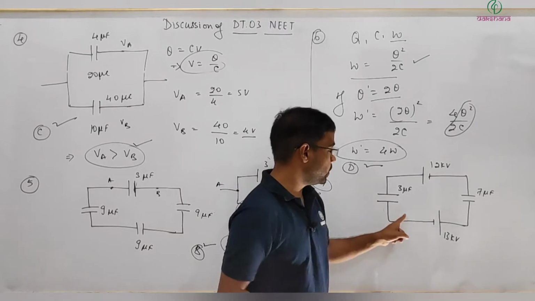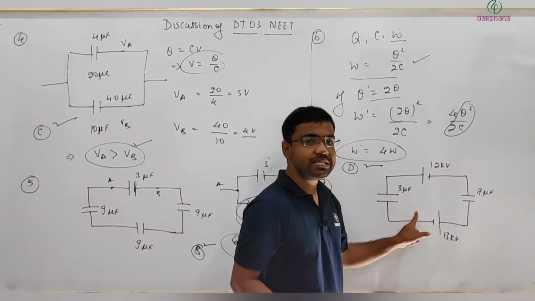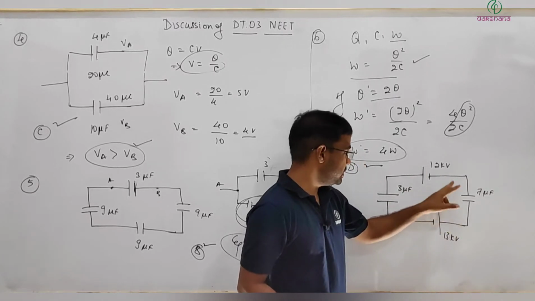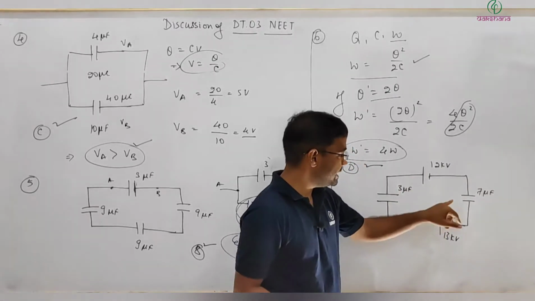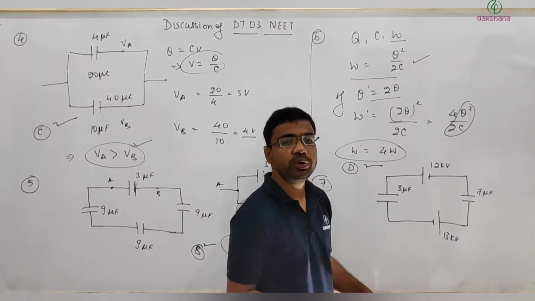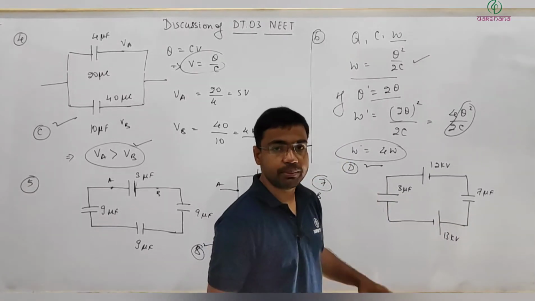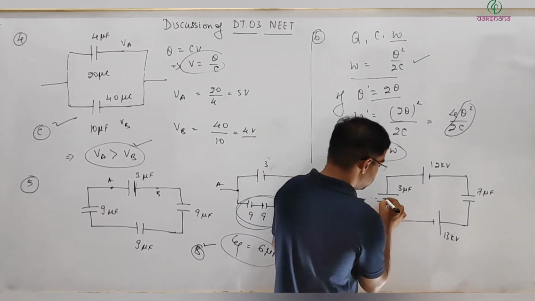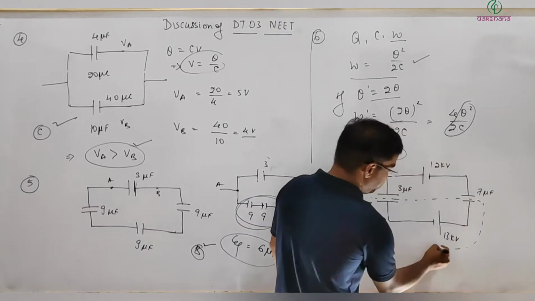First thing is, going around this circuit, both these capacitors are actually in series. So the charge on both capacitors should be the same. You can understand it as an isolated system.